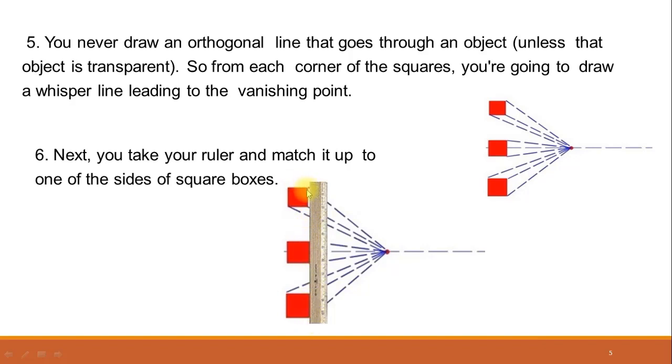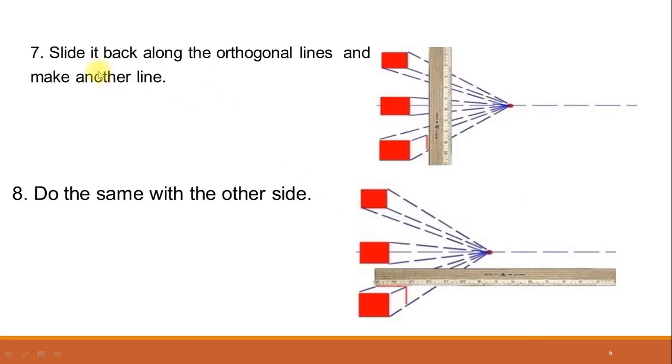Put the ruler here and then slide the ruler back along the orthogonal lines and make another line. Making another line means drawing a line to touch these two orthogonal lines.